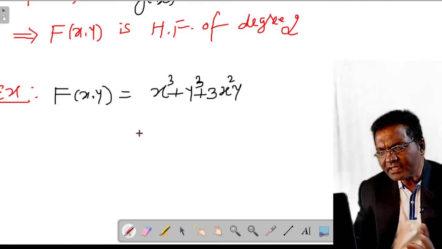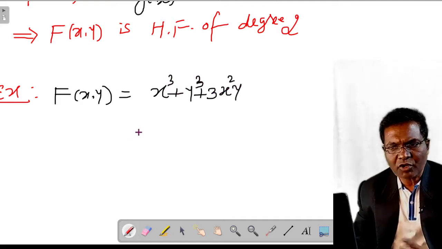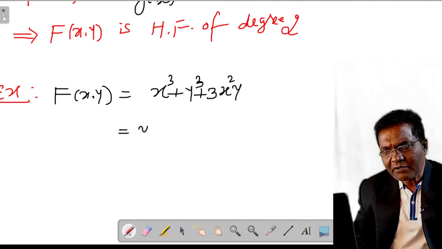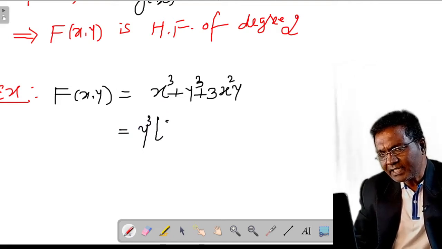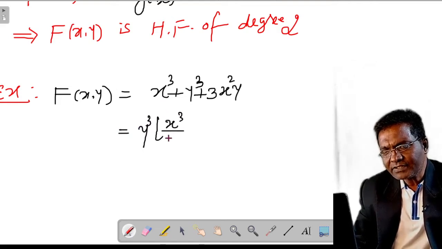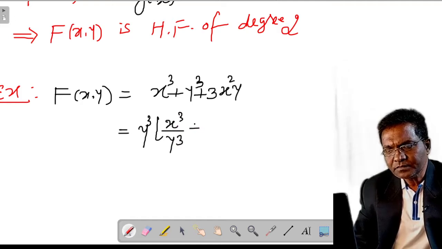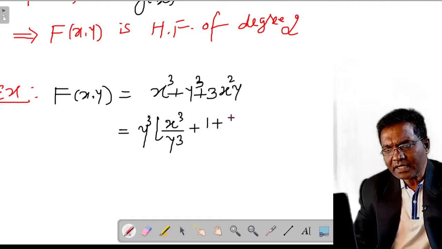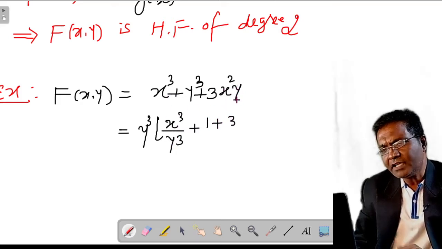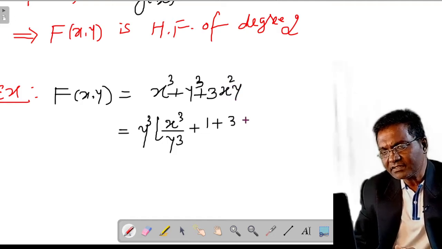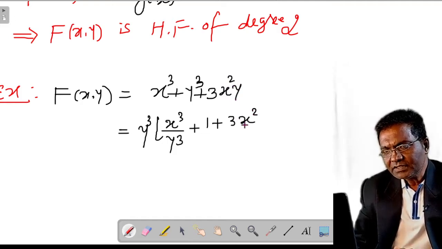Now we can take either x cube common or y cube common. So now see here, if I take y cube as common, what will you get here? You will get x cube by y cube, 1 plus 3. If you take y cube common, it means divide each term by y cube in the bracket. So you will get 3x square by y square.